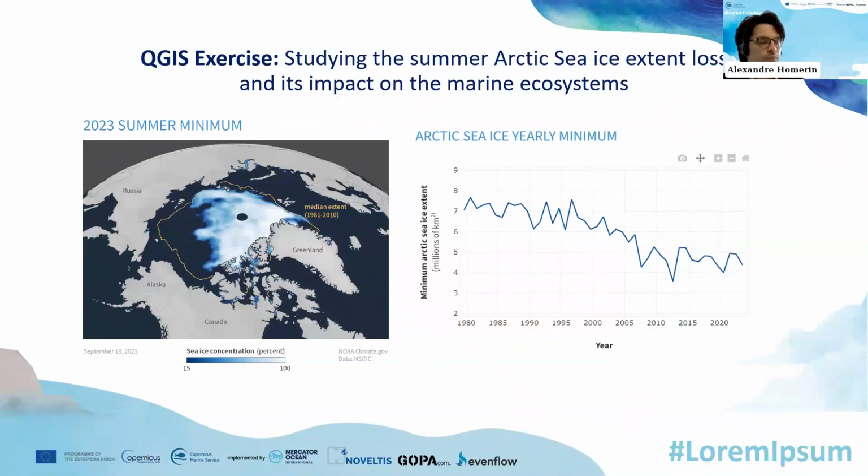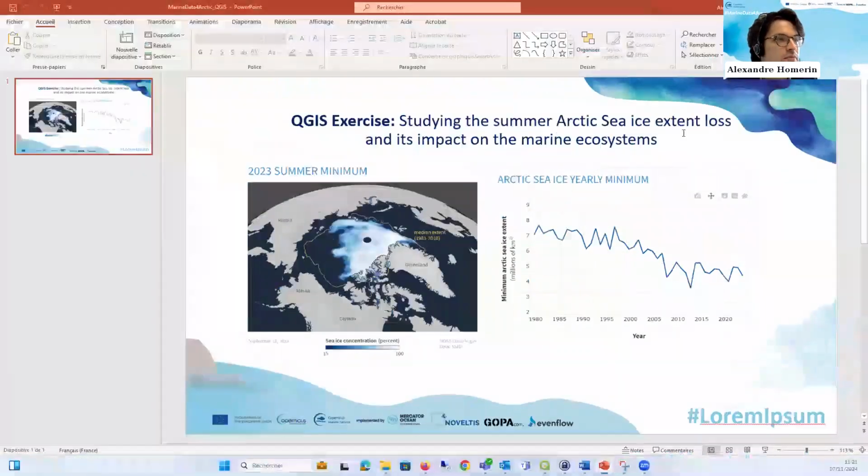This time we'll look at the impact of the melting on the marine ecosystems. So we'll look more at marine wildlife data, so plankton, and also polar bear localizations. So let's get into it.